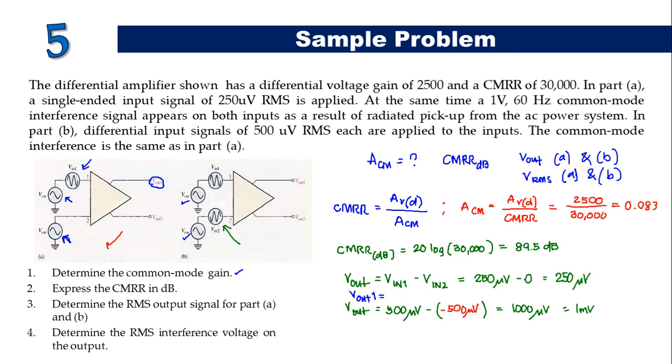I-multiply natin itong V sub out times yung ating CMRR. Therefore, 250 microvolt times, I mean, hindi CMR. Yung ating voltage gain kasi ito yung ating desired signal. So, 2,500. Yan.